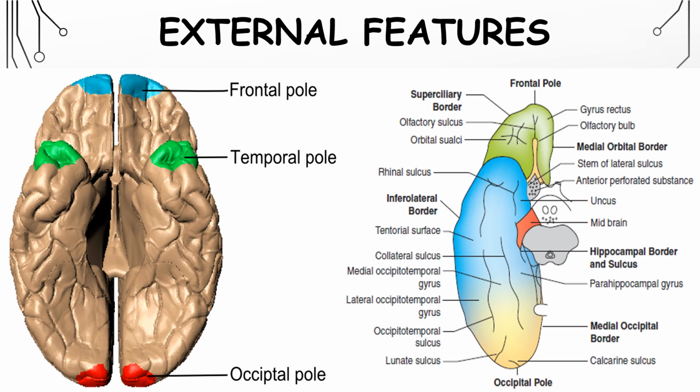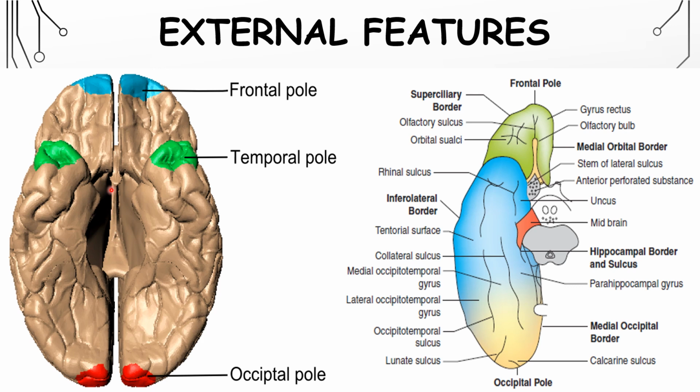The external features: it has three poles, three surfaces, and three borders. Let us look into it one by one. The three poles are the frontal pole, which is located anteriorly, the occipital pole, which is located posteriorly, and then the temporal pole, which lies between the occipital and the frontal poles.